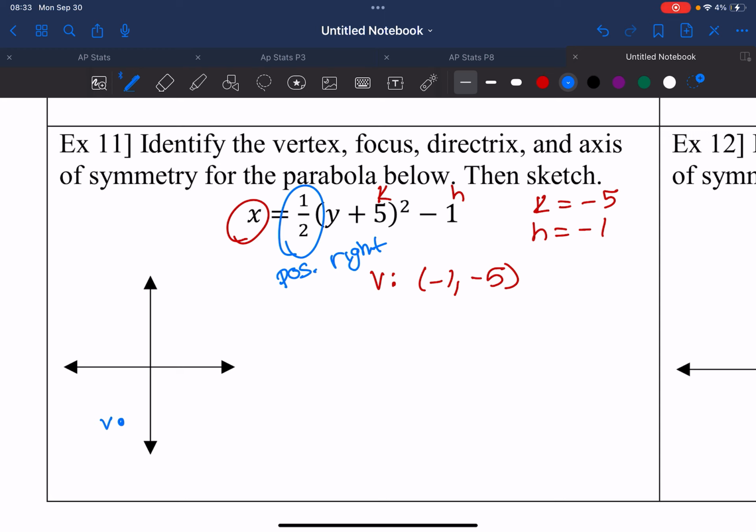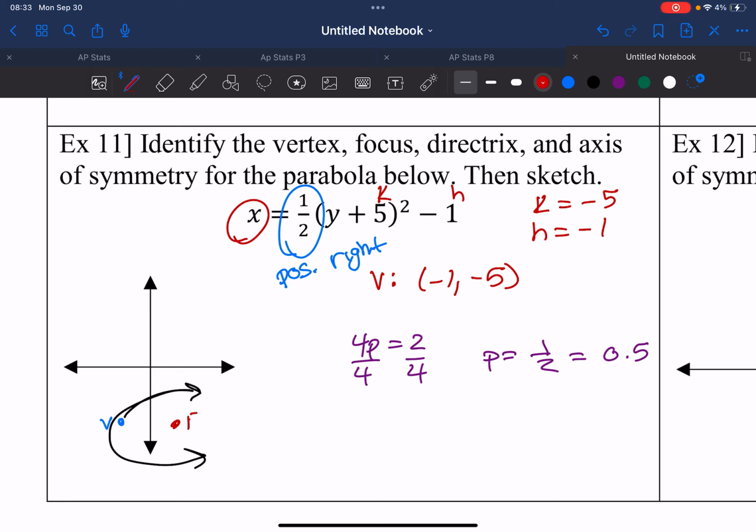Okay. This 1 over 2, remember to find our p-value, we do 4p is equal to 2. Divide by 4, we get p is equal to 1/2. So the same as 0.5. Okay. So this is our distance from the focus point, which is going to be somewhere over here, and the directrix, which is going to be somewhere over here. So 0.5.